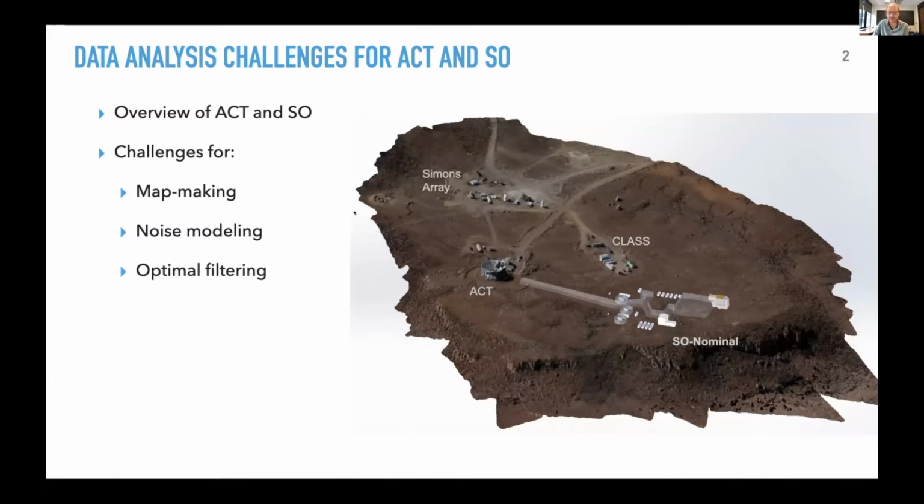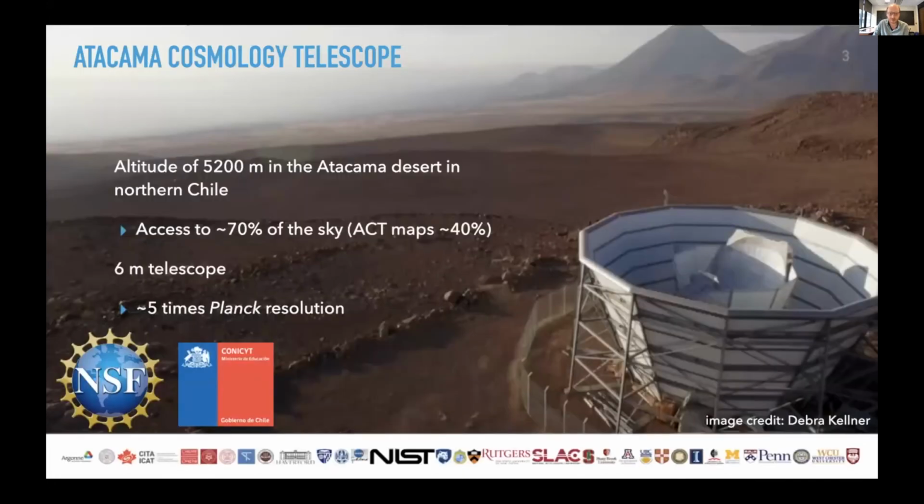So let's start with an overview of the Atacama Cosmology Telescope. You can see it here on the right side. It's inside this big ground screen, and it's situated in northern Chile in the Atacama Desert at an altitude of more than 5 kilometers. So it's very high up.